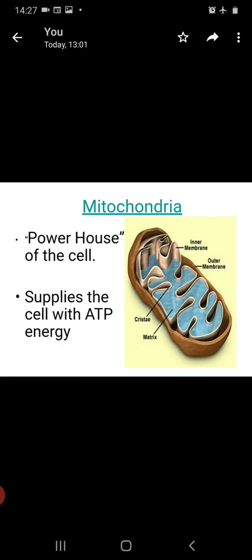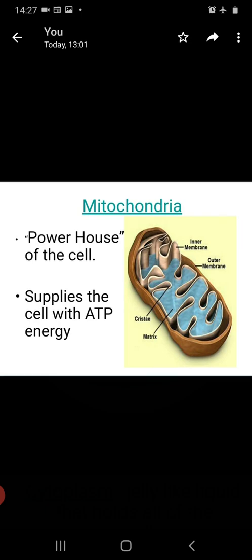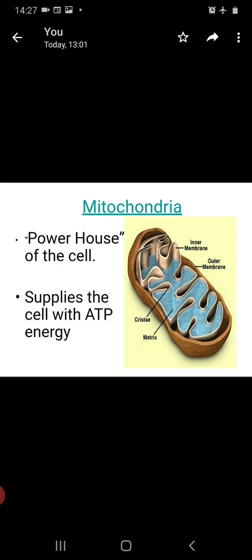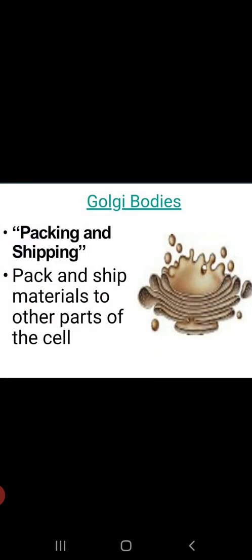That's because mitochondria is responsible for the production of energy through respiration. It supplies the cells with the energy. The next cell organelle that we have is Golgi bodies. Golgi bodies are responsible for secretion of many materials that are required by the cell.